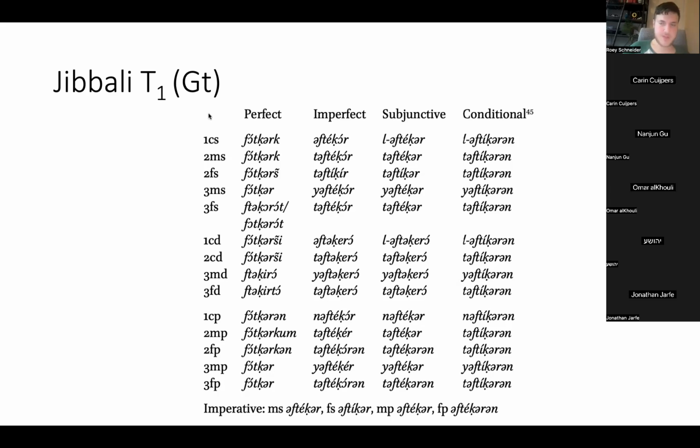So other Semitic languages either sometimes prefix and sometimes infix it, or always prefix, like Ethio-Semitic. And also, there's no prefix in the perfect, which is different from any other Semitic language that is not Akkadian. I think that Akkadian is the only Semitic language that has a GT prefixless perfect.